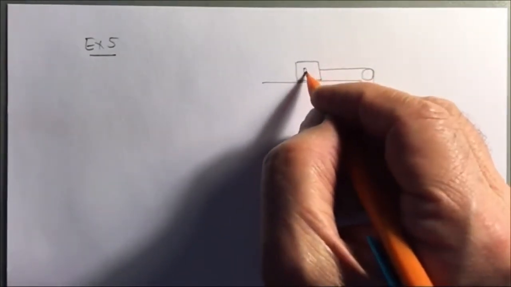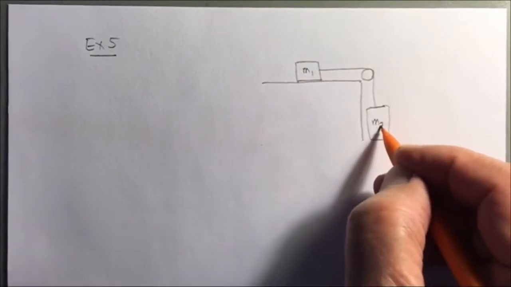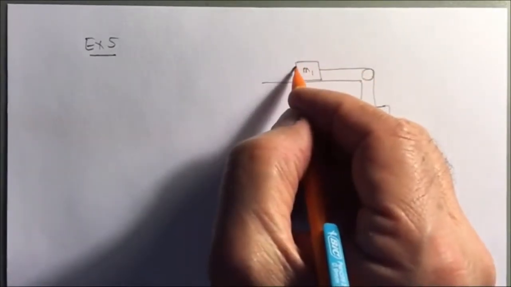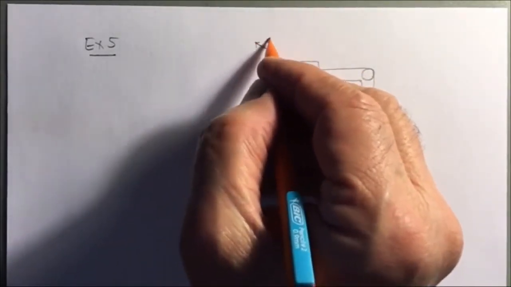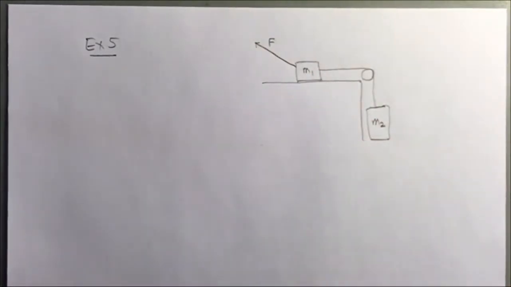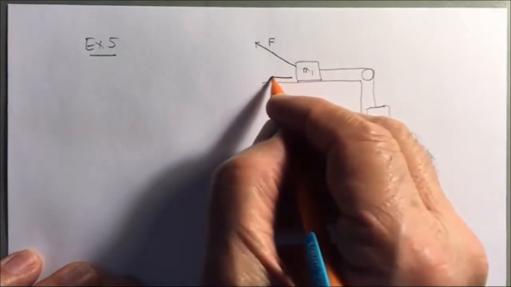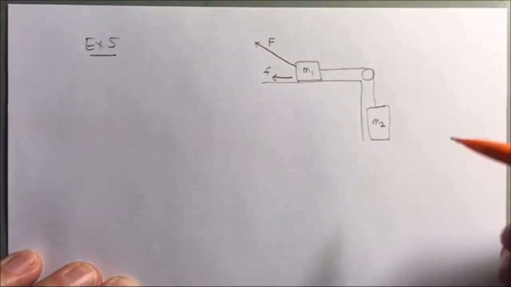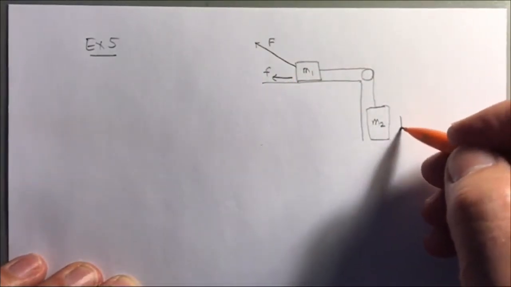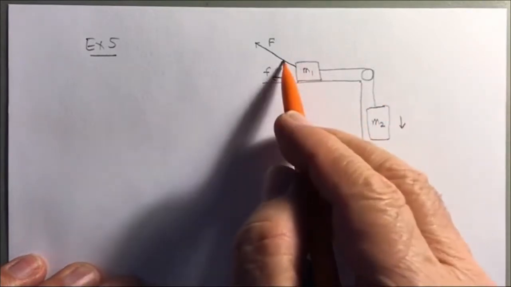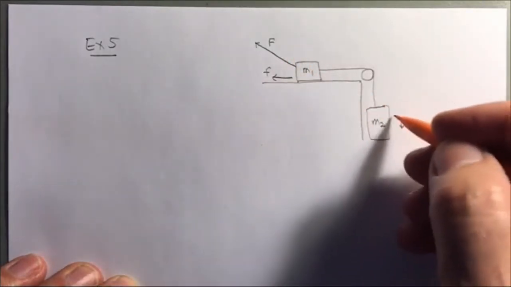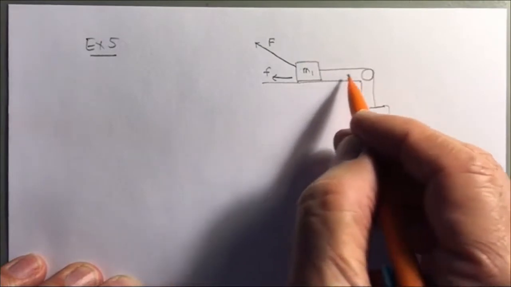That's m1, that's m2, and there's a force pulling it backwards, and there is friction backwards. But this mass is going down, even though there's a force here, because m2 is large enough, and this is moving to the right.